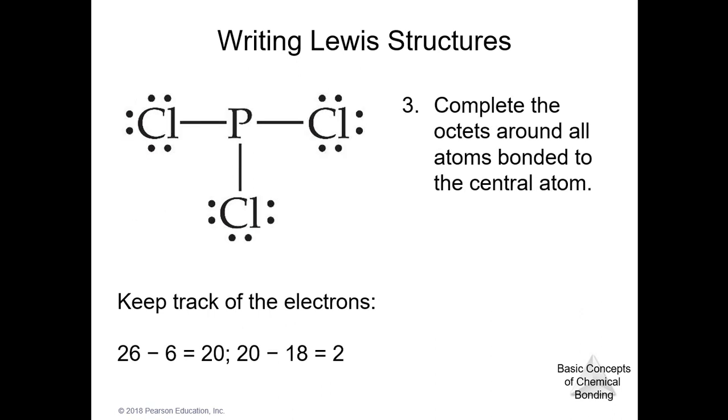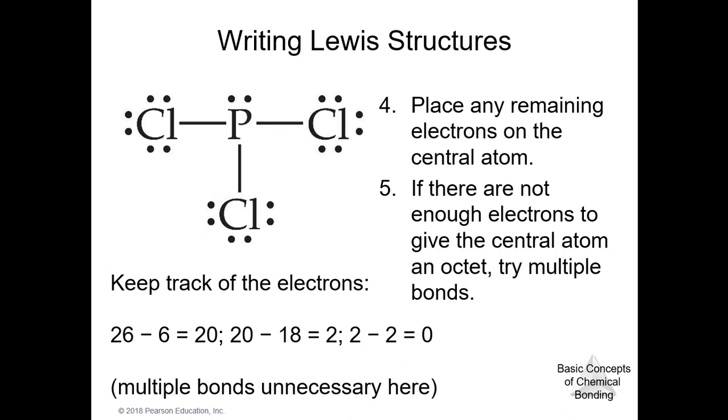So you put 6 on each chlorine. First you give the 8-electron octet to the outer atoms, and then you have 2 more electrons remaining. You put them on the phosphorus. You don't need multiple bonds.